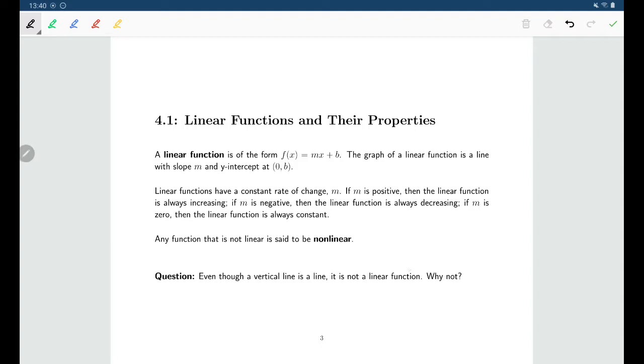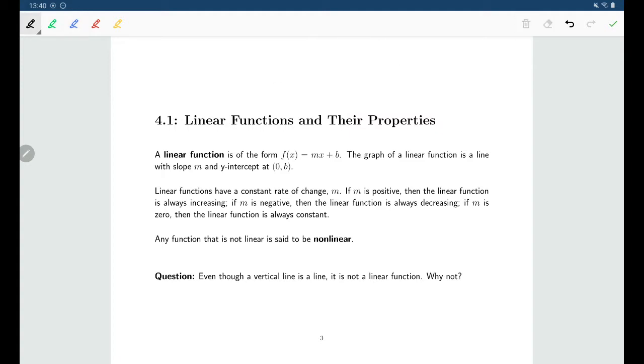The key to remember here is that in order to be a linear function, you first have to be a function. And in order to be a function, the graph would have to pass the vertical line test: any vertical line that we draw would pass through the graph in at most exactly one place, never two or more places.